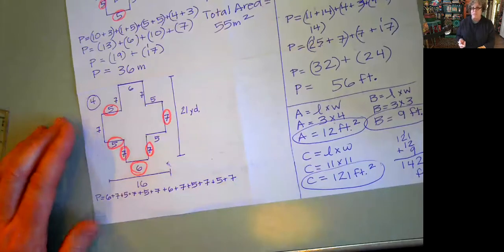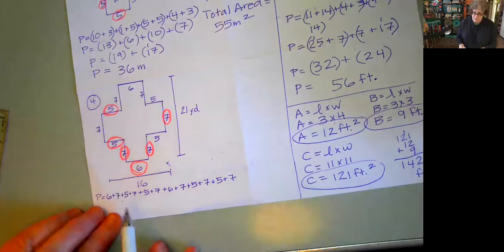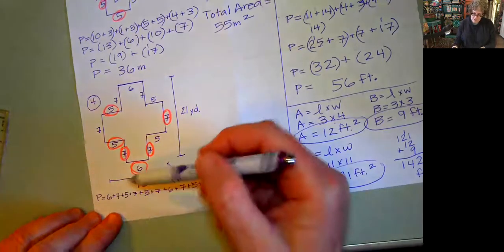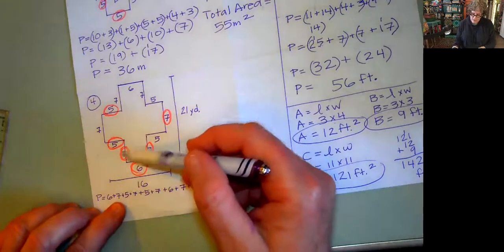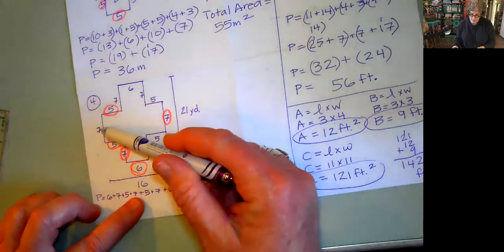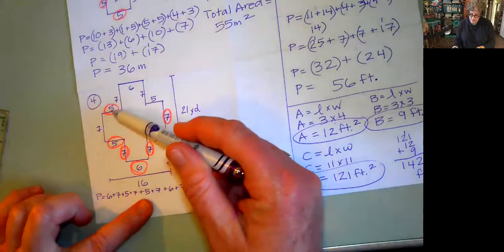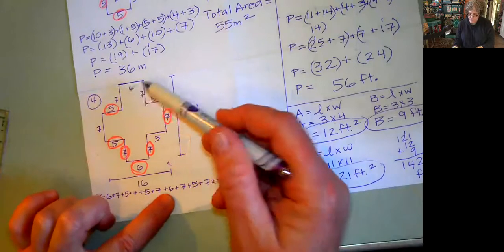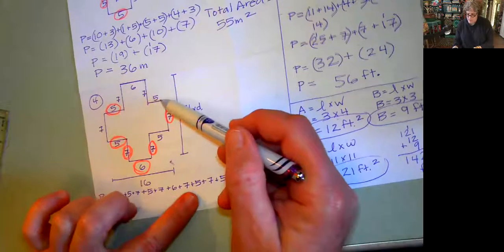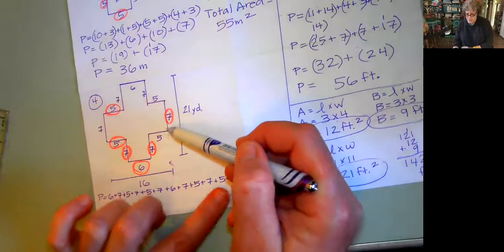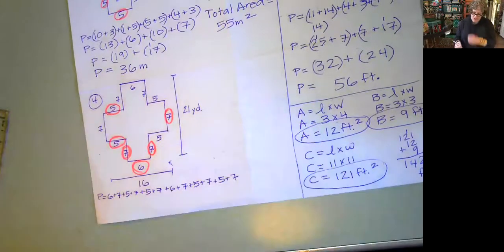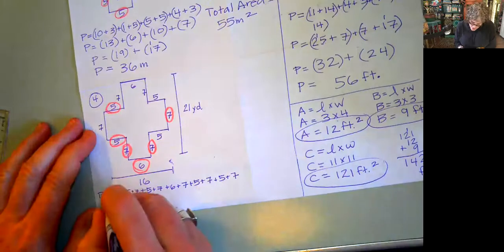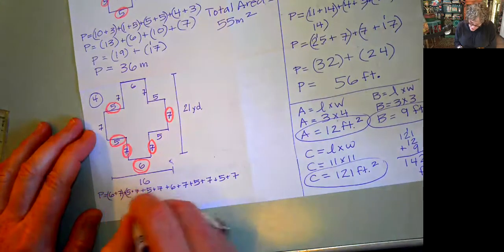Okay, and I'm going to double check to make sure I didn't miss anything. Here, here, here, here, here, here, here, here, here, here, here, here. Gotcha. Okay, now let's do some chunking.